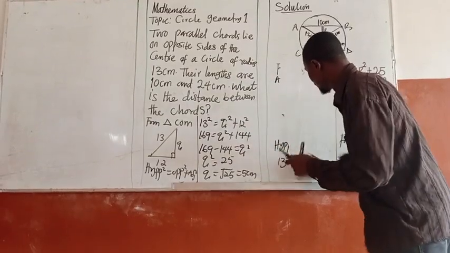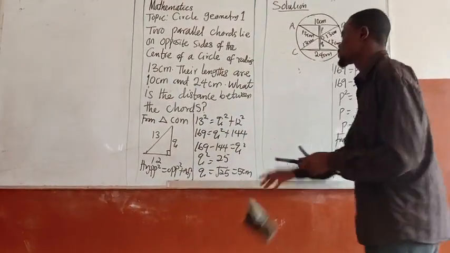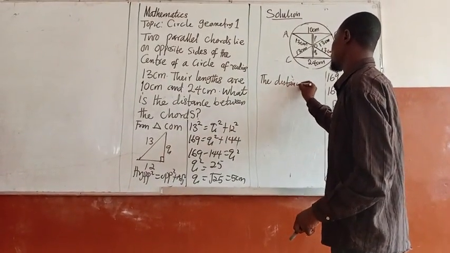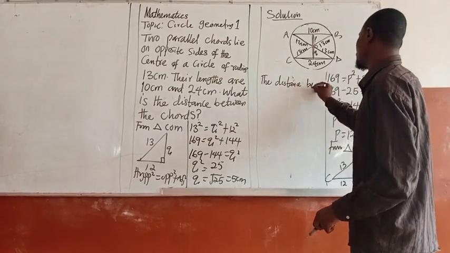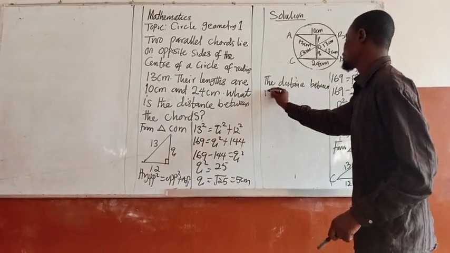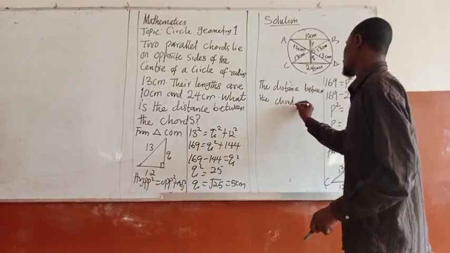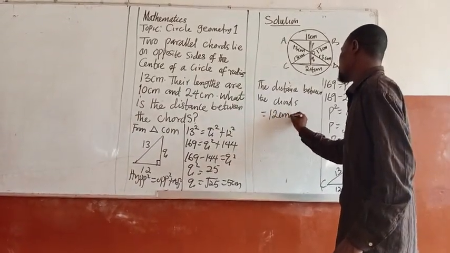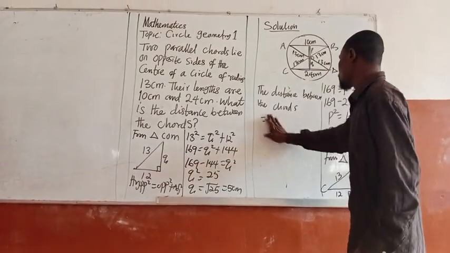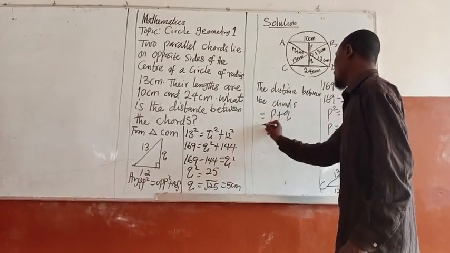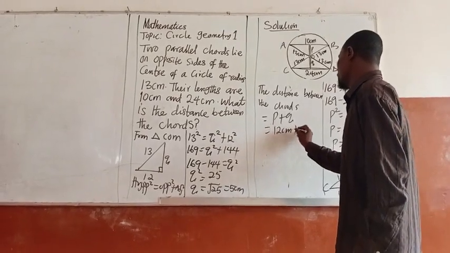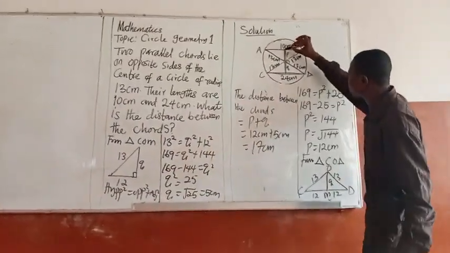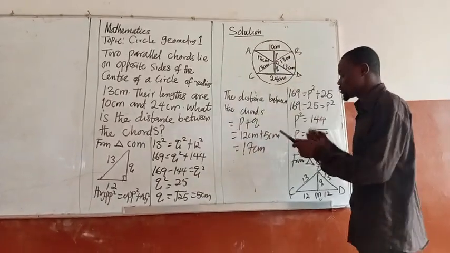Which means that the distance between the chords is equal to the first distance, 12 centimeter, plus the second distance, Q. That is P plus Q, which is 12 centimeter plus 5 centimeter, which is equal to 17 centimeter. Which means the distance between the chords is 17 centimeter.